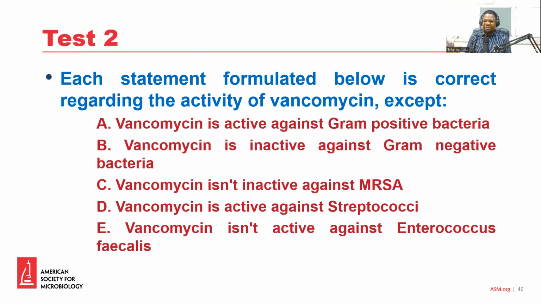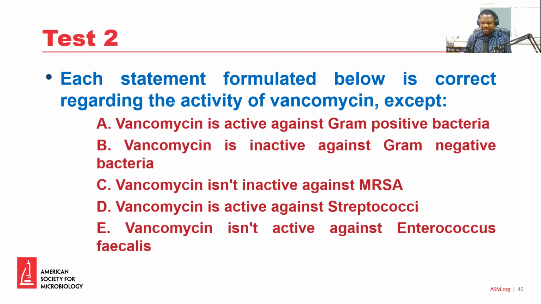The outer membrane has porins through which the antibiotic should pass, but vancomycin has a very high molecular weight and cannot pass through those porins. So vancomycin is inactive against gram-negative bacteria.